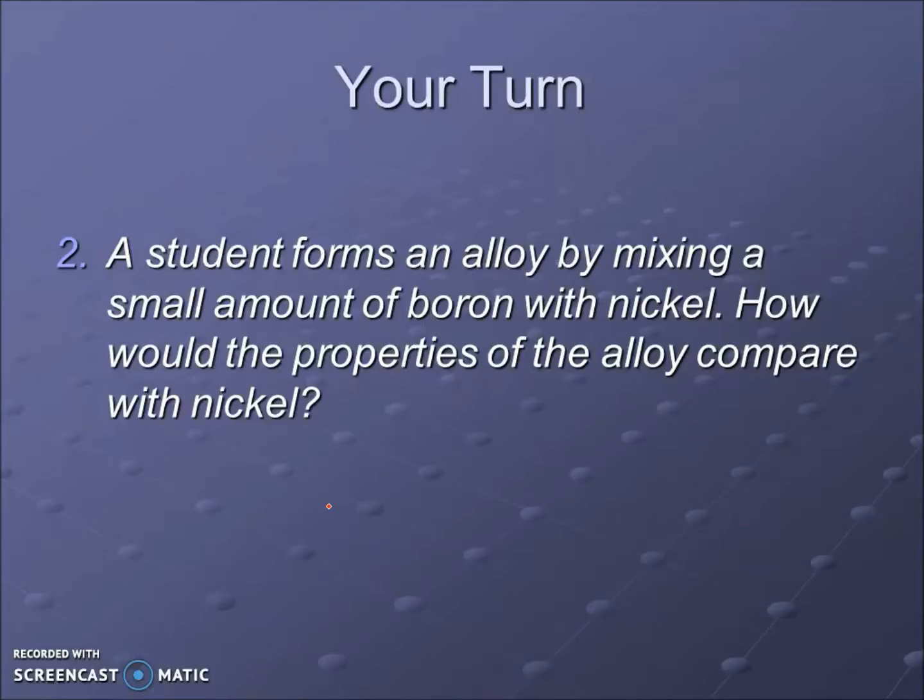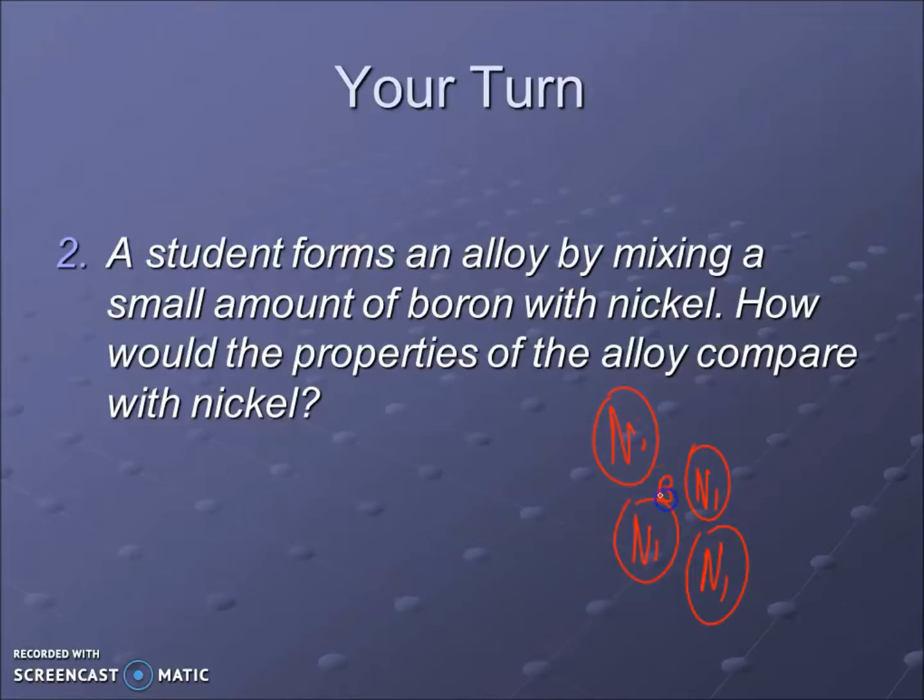Okay, so we're trying to figure out how the properties would compare of my nickel alloy to the original nickel. Well, original nickel, we have a bunch of nickel atoms in here with spaces in between them. And we're going to come and put boron, make an alloy with boron. Well, boron is small. Nickel has 4 energy levels of electrons. It's a much bigger atom than boron, who is only on the 2nd energy level.